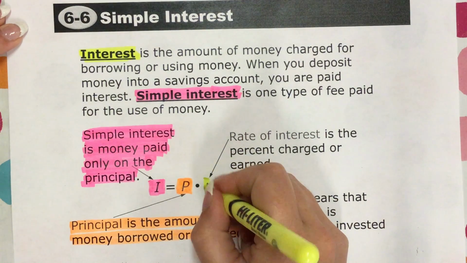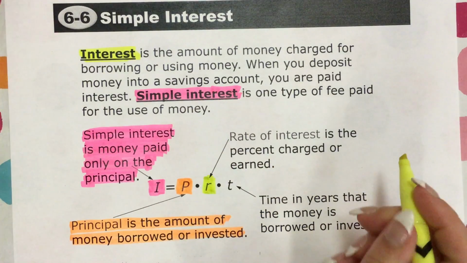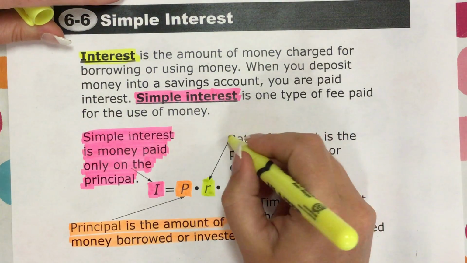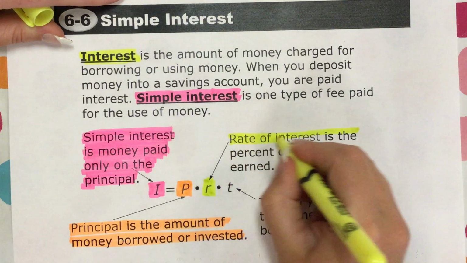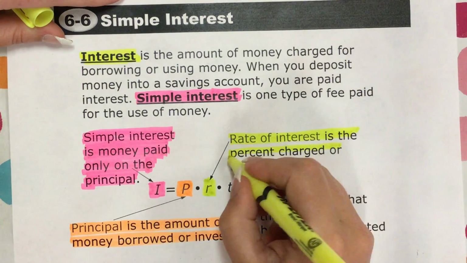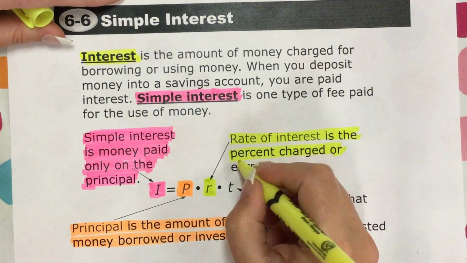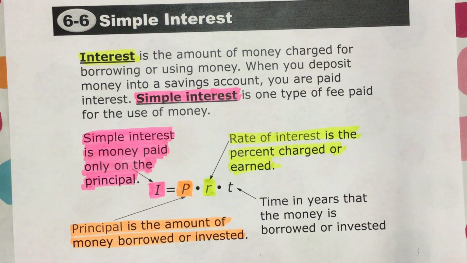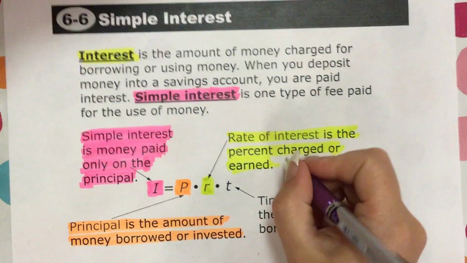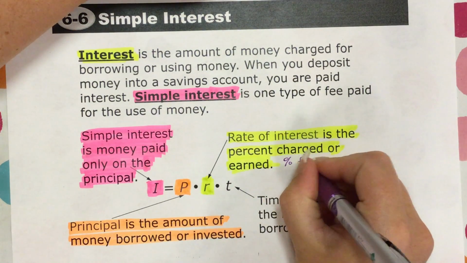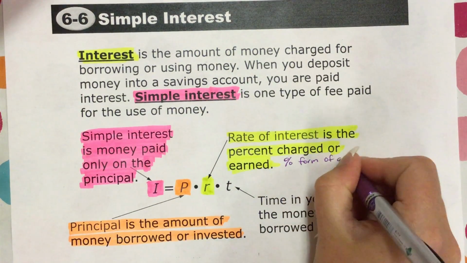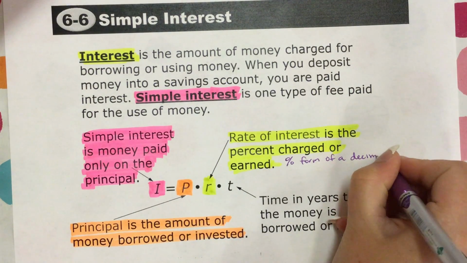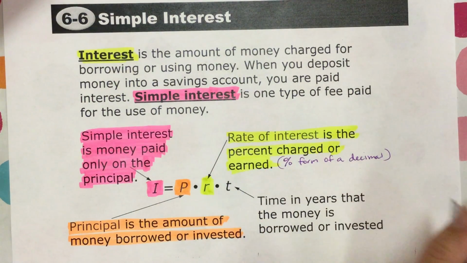So this is the rate. Okay, the rate of interest is the percent charged or earned. Okay, and whenever you put it into this formula, the percentage is always in the form of a decimal. And that is really, really key.